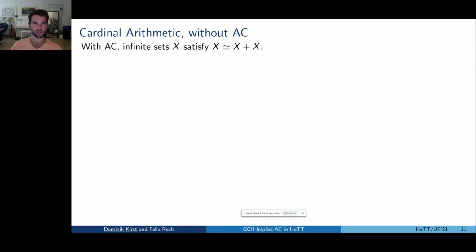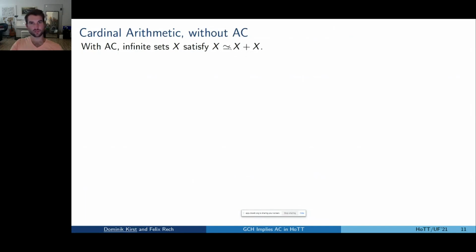main construction works. And for instance, facts that we are interested in are to do with largeness of types. So for instance, in normal set theory with the axiom of choice, you can always show that an infinite set, if you double it in size, then there's no increase in size.